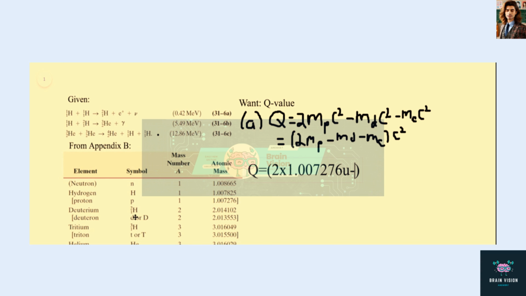And we'll take the deuteron. And the electron mass. Oh, already forgetting my units here.